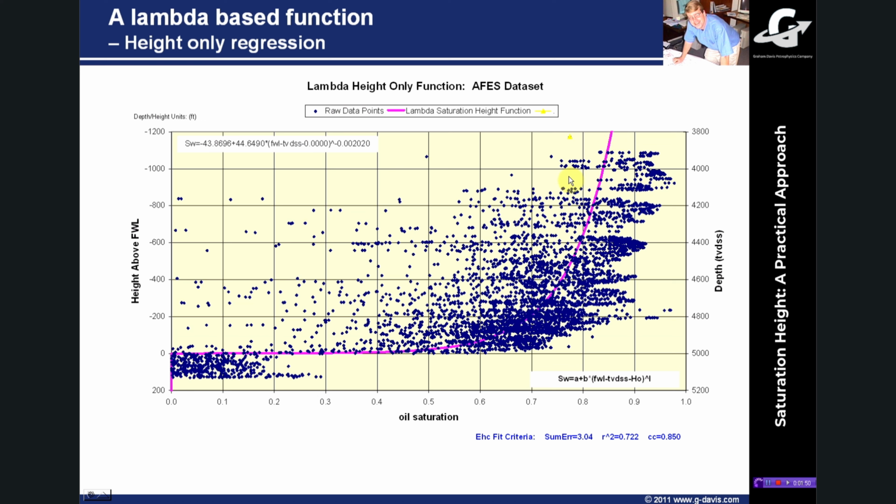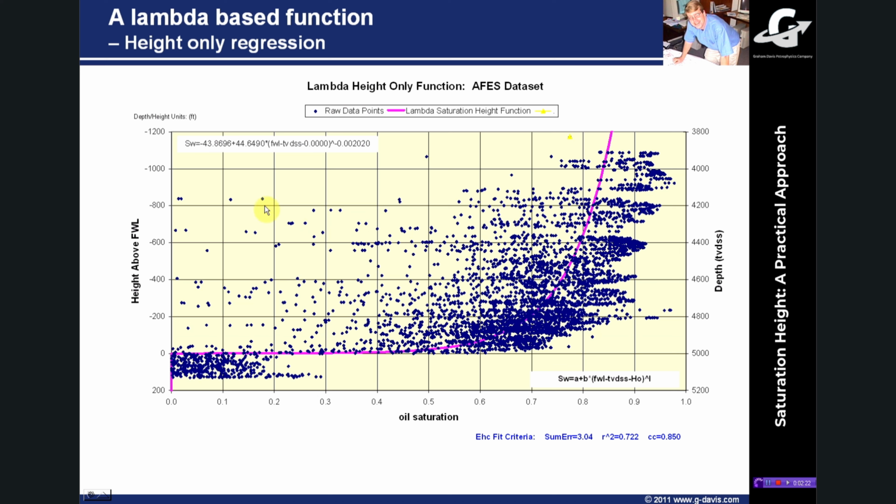You'll find when you do this for yourself that oftentimes the effect of these points over here tends to drag this line out of what you might draw by hand. If you were going to draw a line through this data by hand, your eye would be drawn by the centroid of this data, and so sometimes you have to, I won't say cheat, but optimize the regression to get a nice curve through here that you'd intuitively draw by eye.